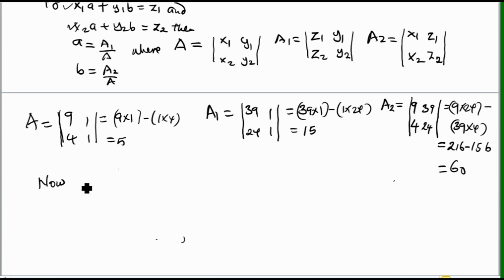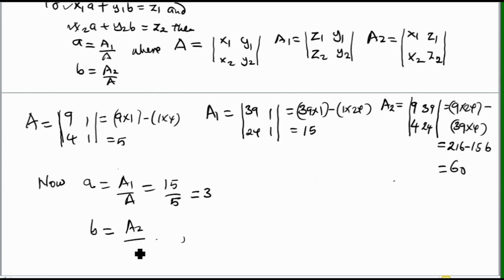Now, from there you can just go ahead and get the values of A and B. So A is given by A1 divided by A capital. So A1 was 15 and A is 5. And that gives me a value of 3.